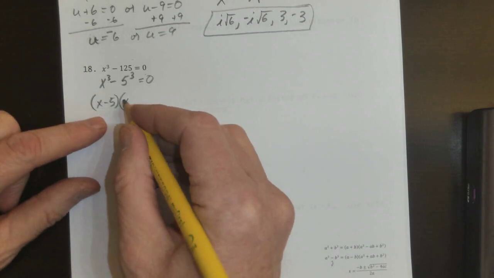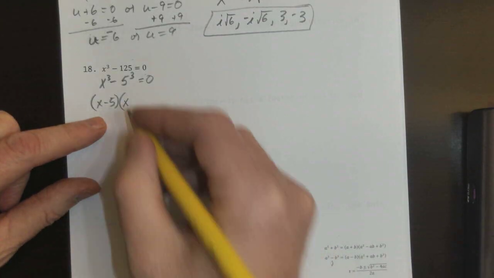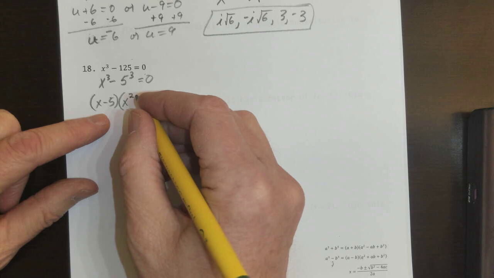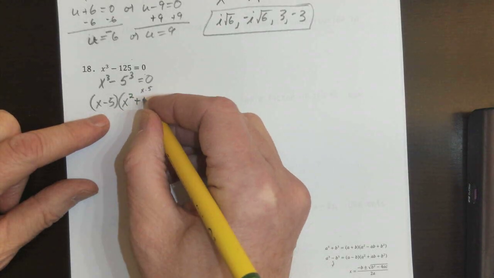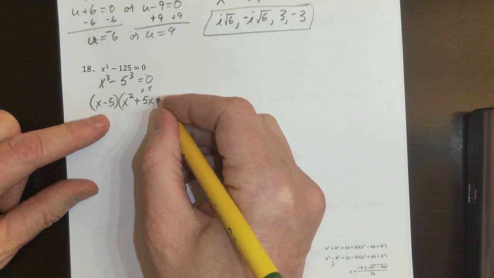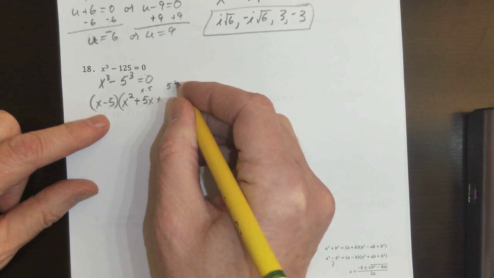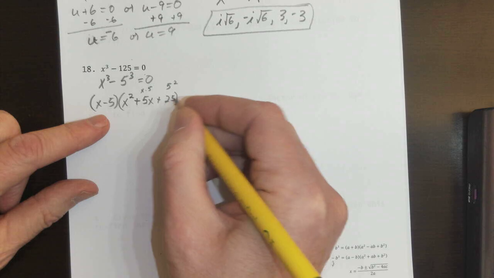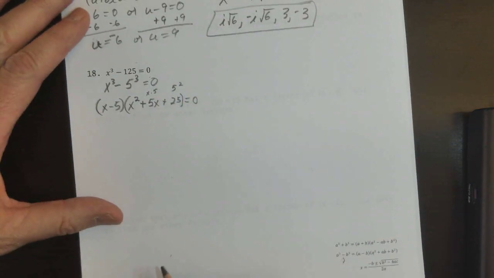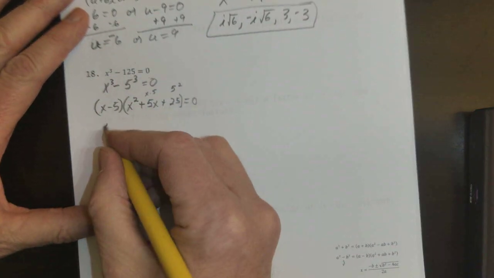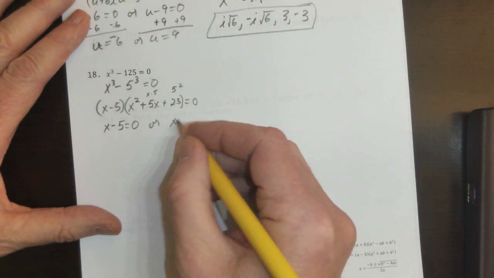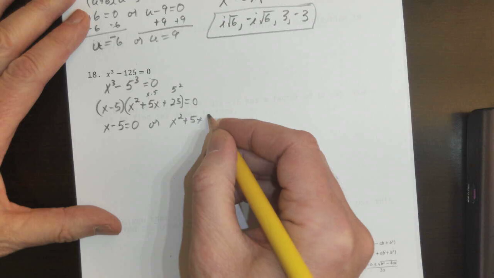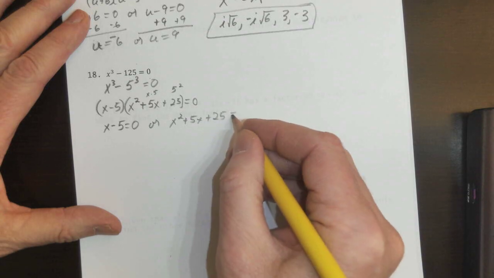And then we do the x squared plus x times 5, which is 5x, plus 5 to the second power, which is 25. And set that equal to 0. So I have x minus 5 equals 0, or x squared plus 5x plus 25 equals 0.